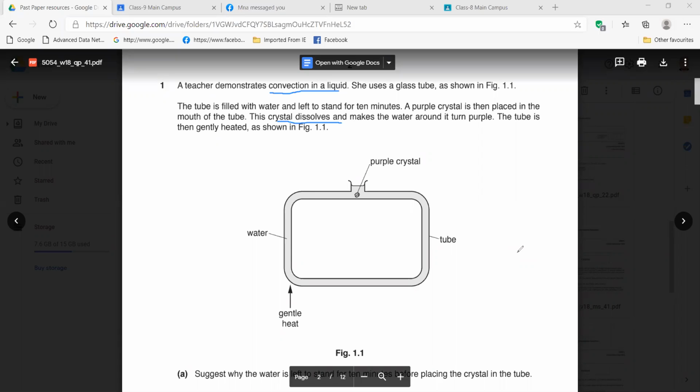Convection is the circulation of molecules of fluid due to density changes. Do you understand? The rule is the lighter molecules will rise up, and the denser molecules will sink down. That is the principle of convection.